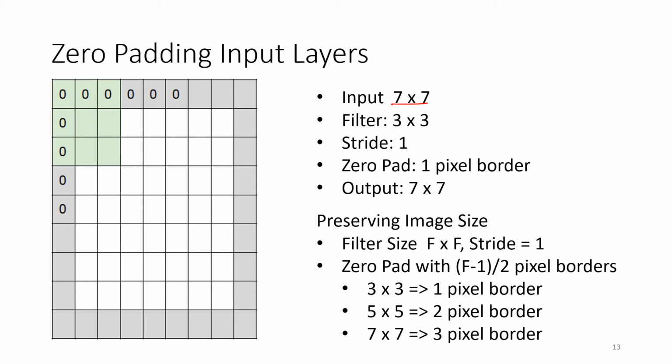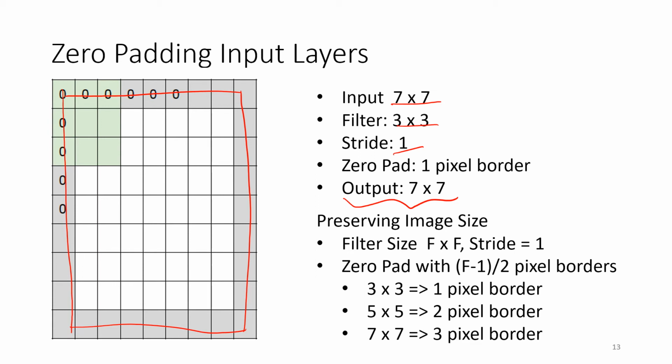If we have a 7 by 7 input, a 3 by 3 filter, and a stride of 1, and we zero pad, here you see these gray pixels, then what we get as output from the zero padded input is again a 7 by 7 output. So we can preserve the output size by zero padding.